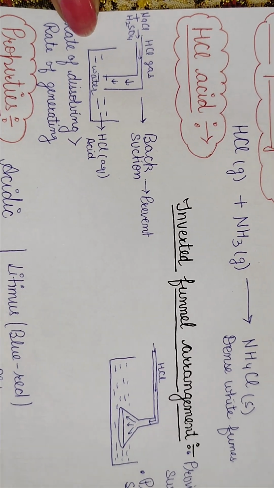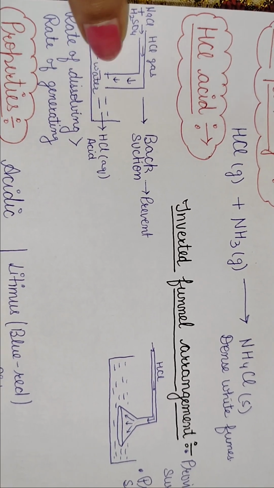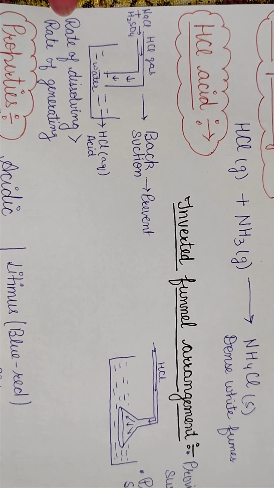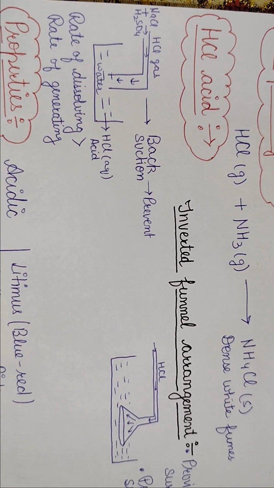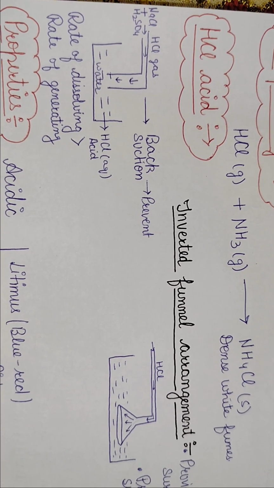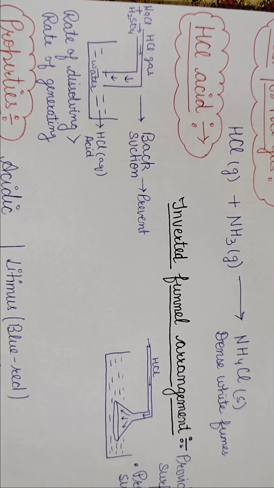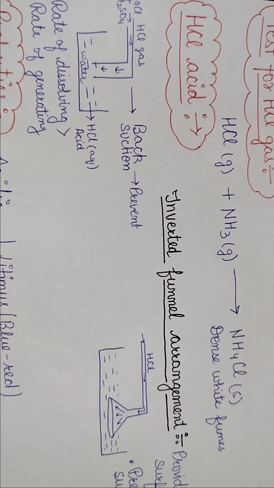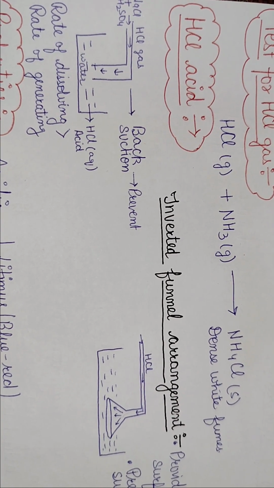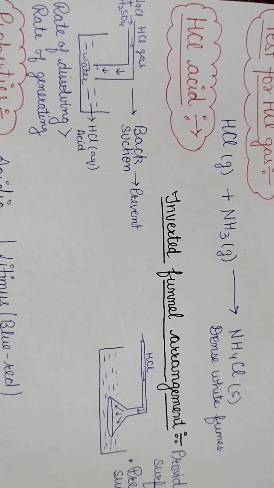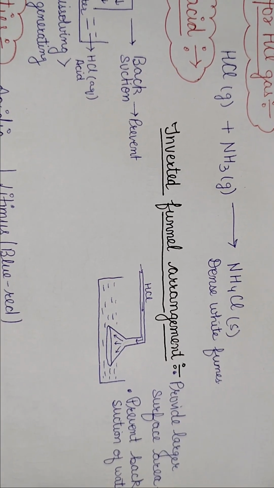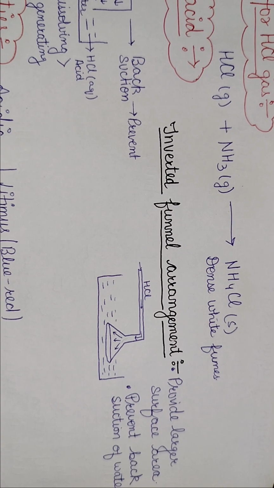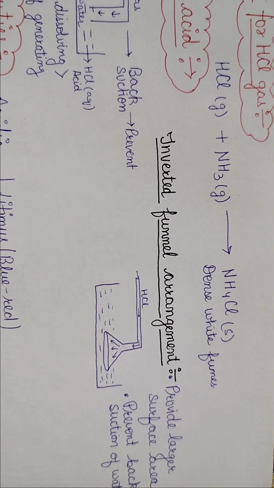Look here, we have a beaker with water in it, but the rate of dissolving is more than the rate of generating. We have already discussed that HCl gas is highly soluble in water, so the rate of dissolving is more than generating, and it will lead to back suction. To prevent this back suction, we are using the inverted funnel arrangement, and this will provide a larger surface area and prevent back suction.